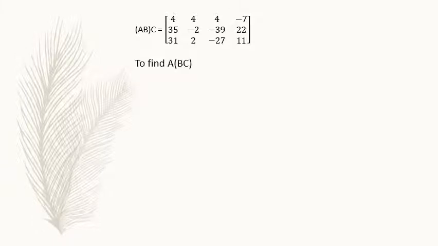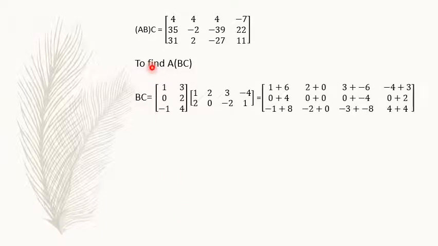Now we can find A(BC). To find A(BC), first we need to find BC. The B matrix is given, the C matrix is also given. So taking the product, we will get this matrix. This is the product of these two matrices.